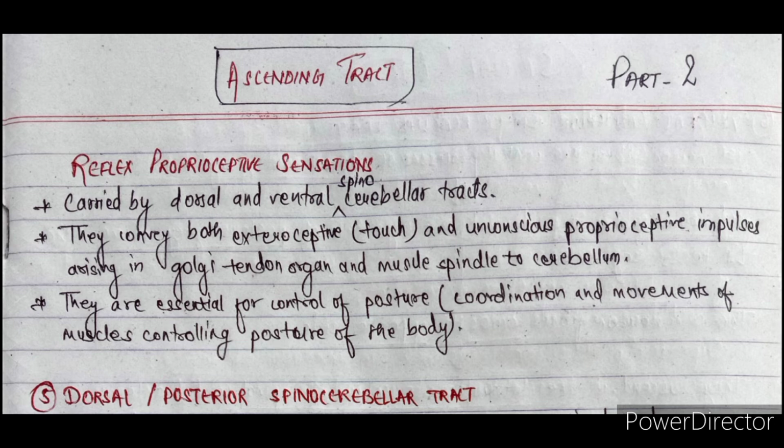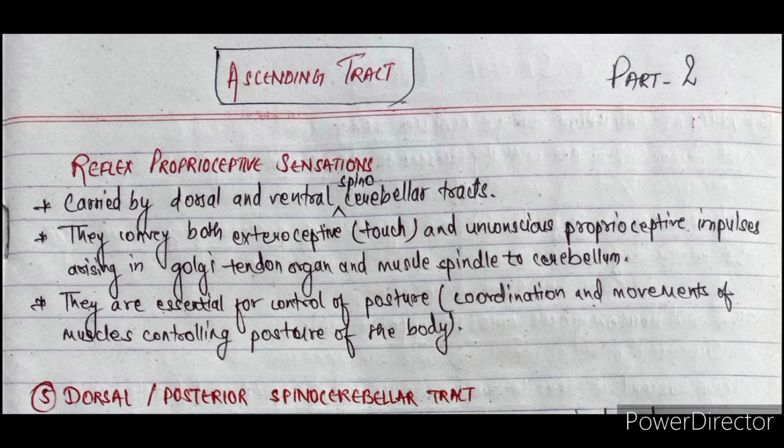In the previous video, the 4 tracts were taking the responses or sensations from the spinal cord to the cerebrum, but the dorsal and ventral spinocerebellar tract will take the sensations from the spinal cord to the cerebellum.